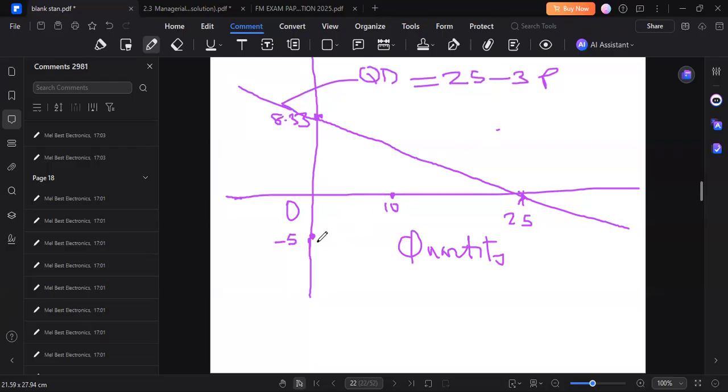So you draw a line through these points. You get my point. So this is quantity supplied, 10 plus 2P. I don't know if you have understood. So this is the point of equilibrium. Is that okay?